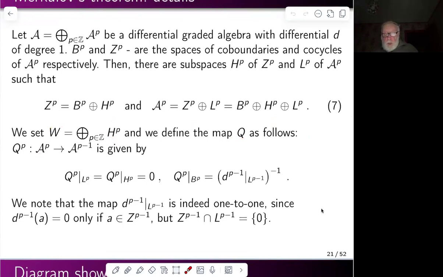I remind you that Q has degree minus 1 in such a way that, restricted to L and H, it is 0.